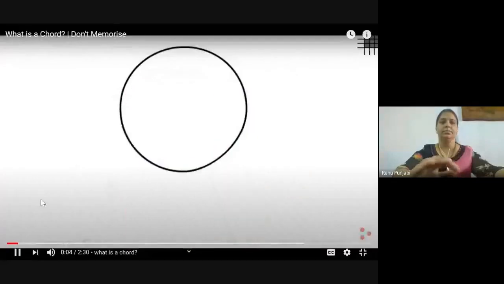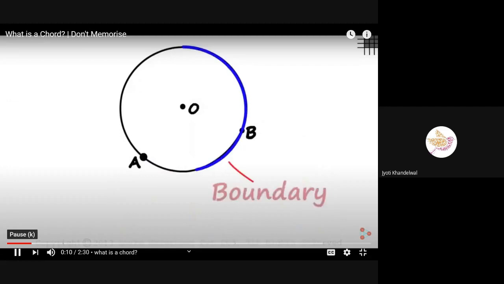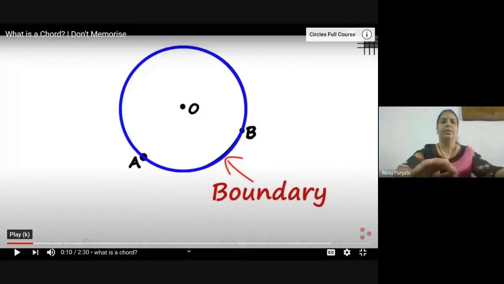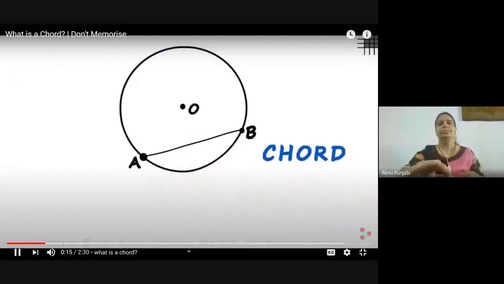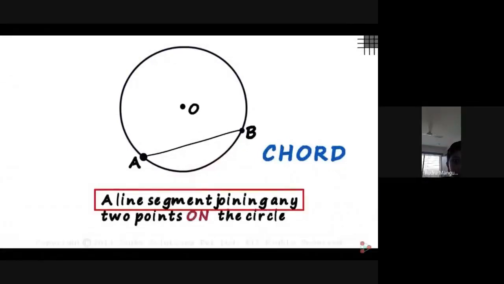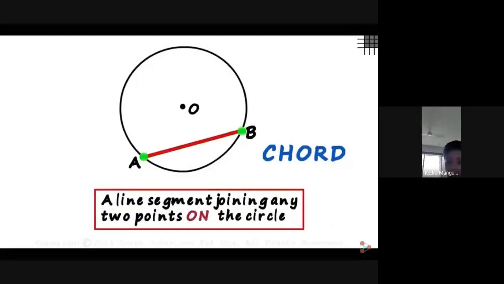Consider a circle with a center O and two points A and B lying anywhere on the boundary of the circle. The segment joining them is called a chord. It is defined as the line segment joining any two distinct points on the circle.